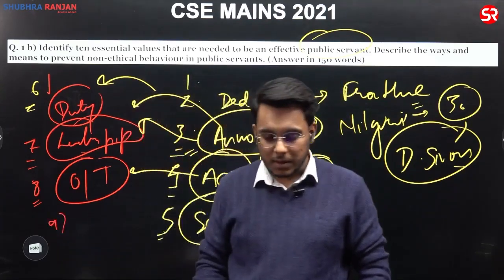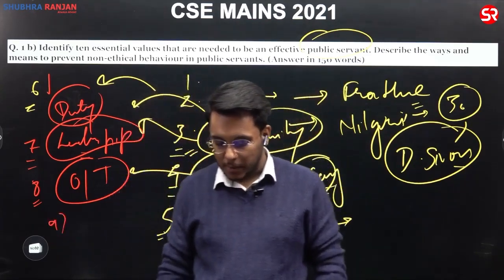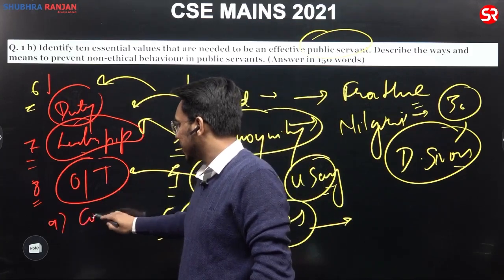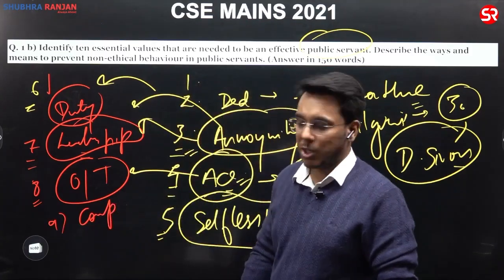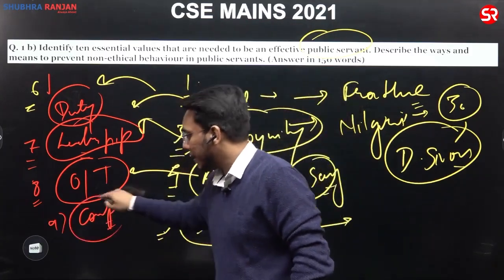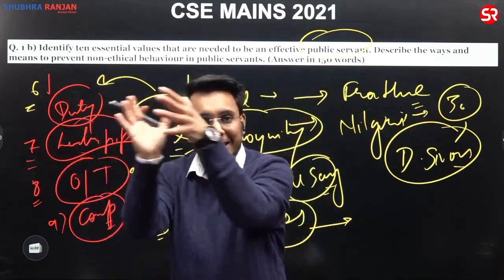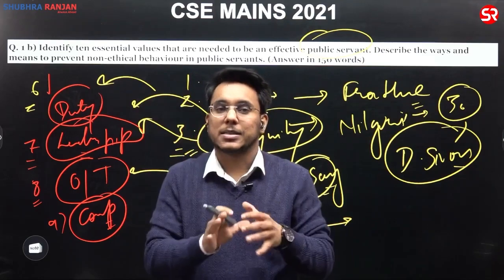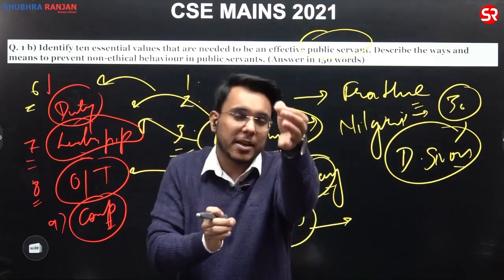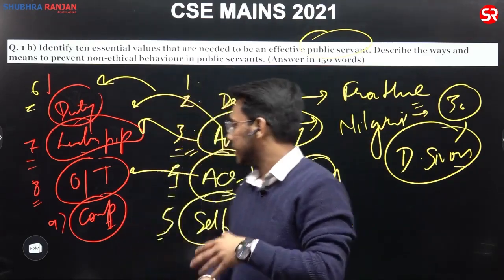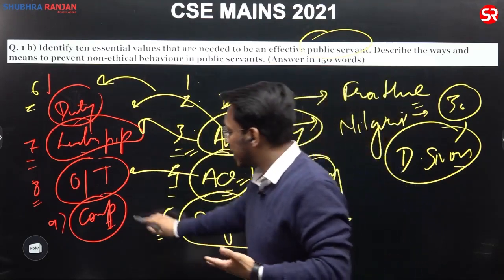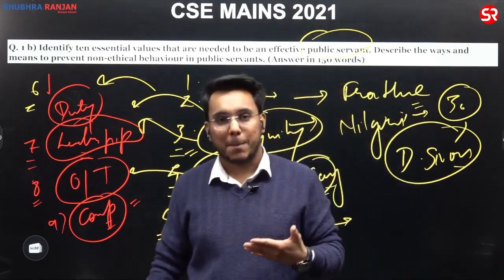Then the next value that is there, we can talk about the value of compassion. What do we mean by compassion? Compassion means when you see a person in pain, in suffering, you will take action. You will do something to reduce the suffering of that person. So compassion is needed. Now, why is compassion needed?